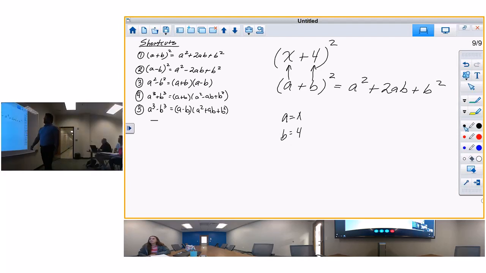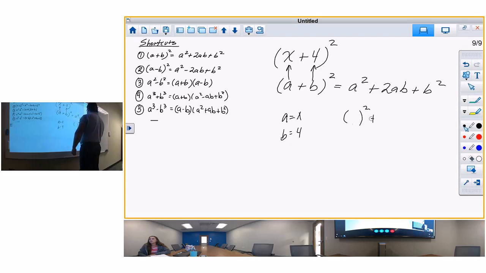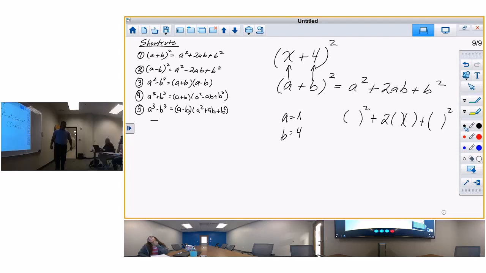Okay, so I'm going to put parentheses. Why, Hubert? Because I don't want to screw this up. Why would you screw this up? Because there's two things in the world of mathematics that students hate. Besides word problems, what are they?